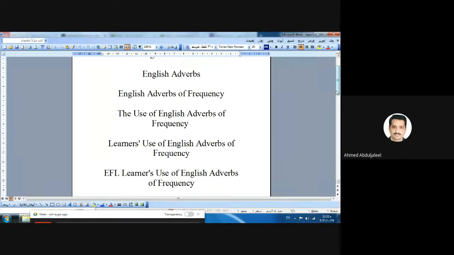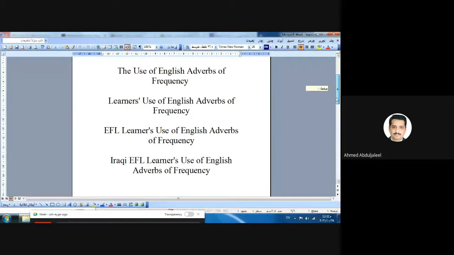Again, we are going to say foreign learners are so many. Are they, for example, Spanish, or German, or Japanese? What kind of EFL learners? We have to limit them. Then we are going to say Iraqi EFL learners' use of English adverbs of frequency.